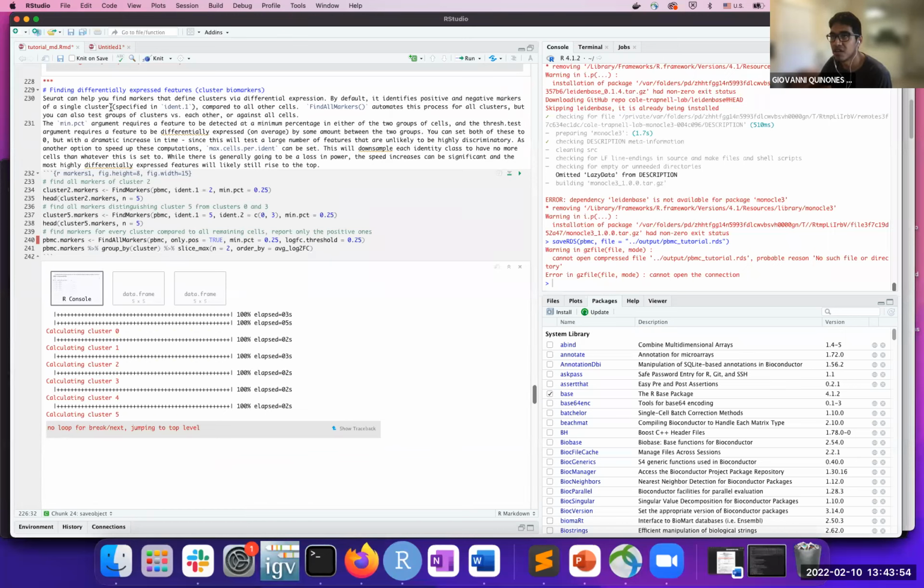So moving on, now we get to the part of finding differentially expressed features. There was one question from one student asking if we're going to go through differential gene expression analysis. And this is a step where we perform differential gene expression in order to identify our marker genes.